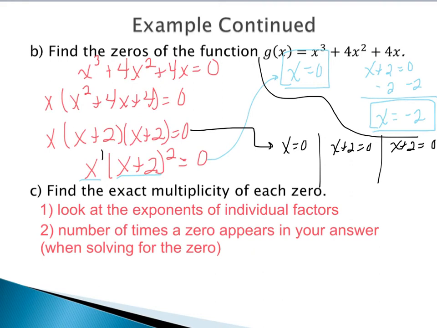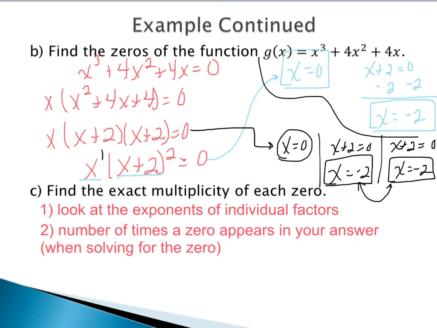In solving that, you would get one answer of x equals 0, another answer of x equals negative 2, and then another answer of x equals negative 2. The fact that you got the same answer, x equals negative 2, twice means that x equals negative 2 has a multiplicity of 2. Going back to the first way you could look at it, the exponent of 2 shows that our multiplicity would also be 2.